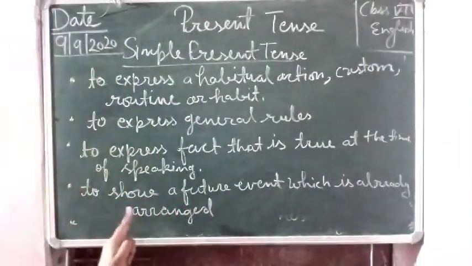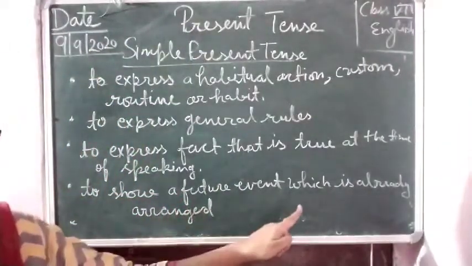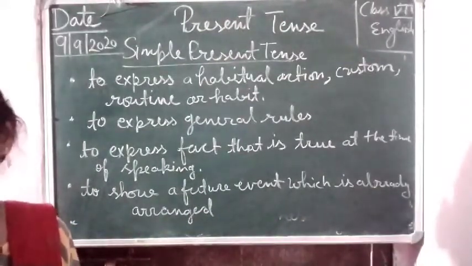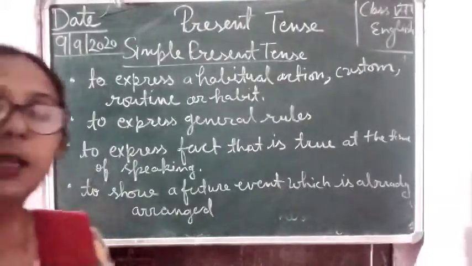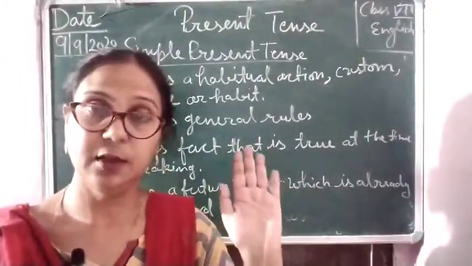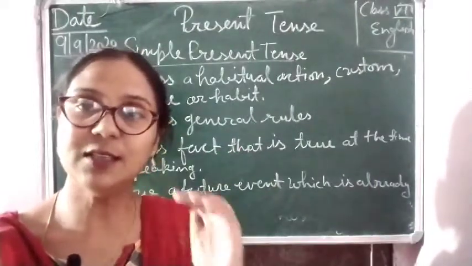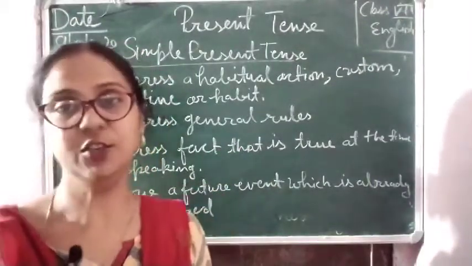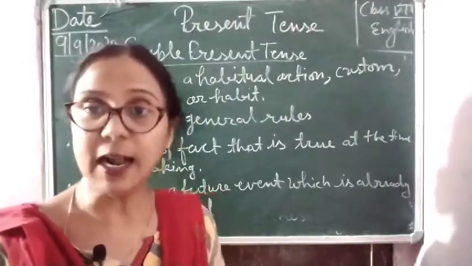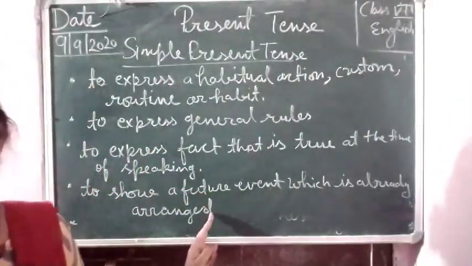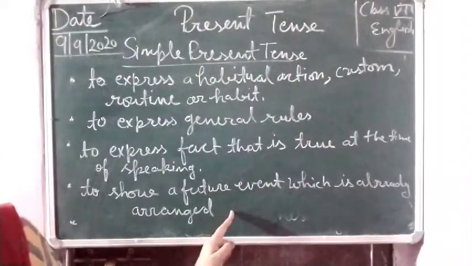Now next is to show a future event which is already arranged. Here you can see, the IPL match begins tomorrow, because this is already arranged. At that time we are supposed to use simple present tense.